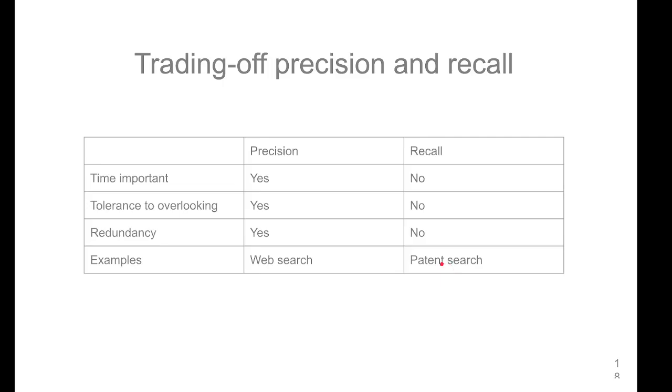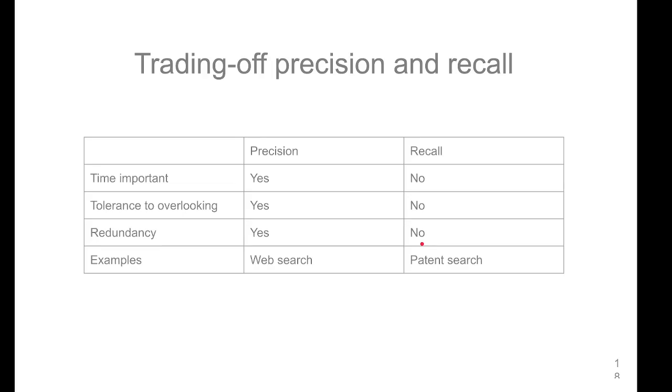Patent search, on the other hand, is different. In patent search, time doesn't really matter, but we have to be accurate. If the patent lawyer is overlooking anything, and then we start the patent process in which we're saying this is unique and nobody has ever looked at it, and it turns out later that something was overlooked, then that's a huge problem in the process. So time does not matter. We're absolutely not tolerant to overlooking any evidence, and it's also unlikely that there's any redundancy.